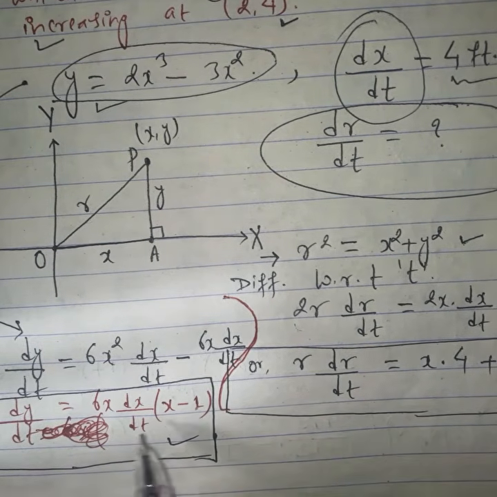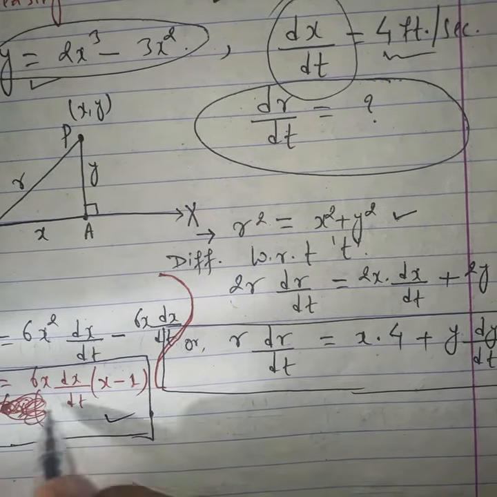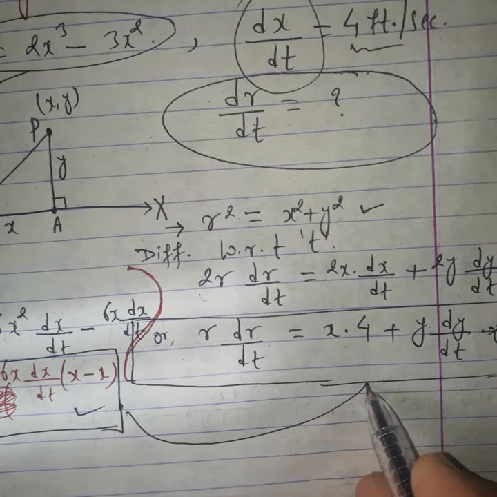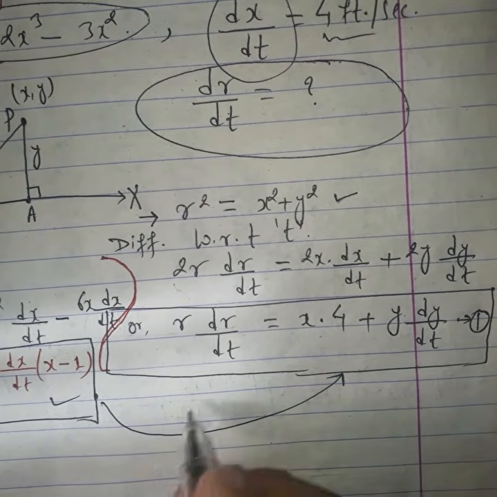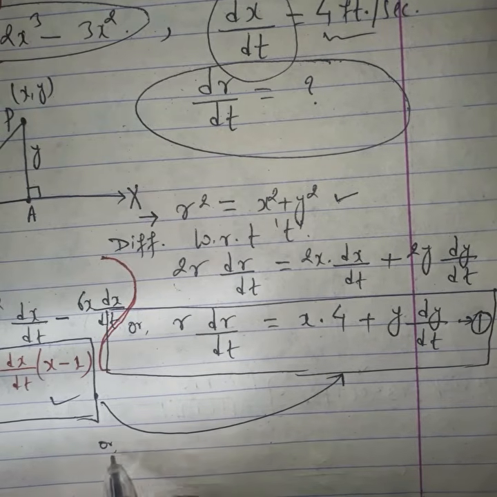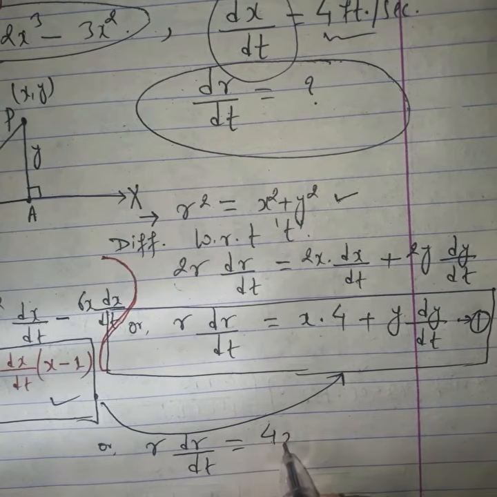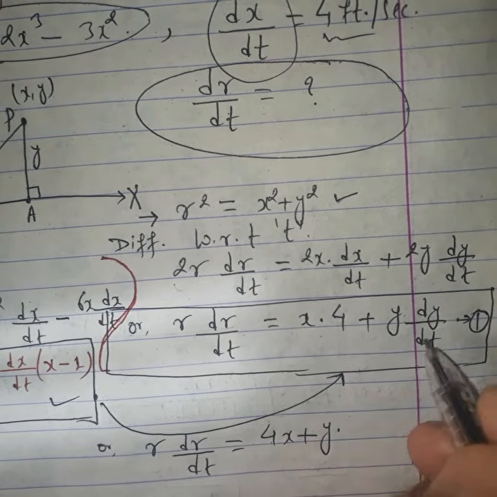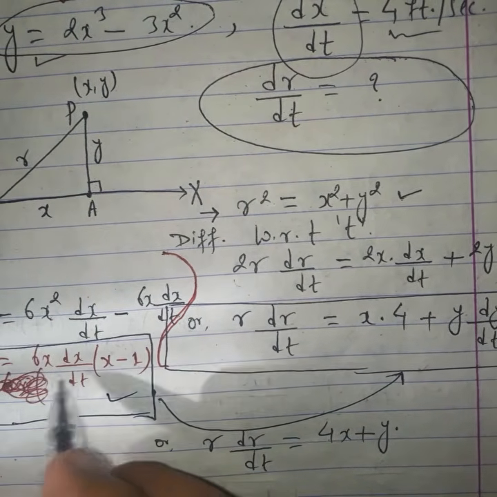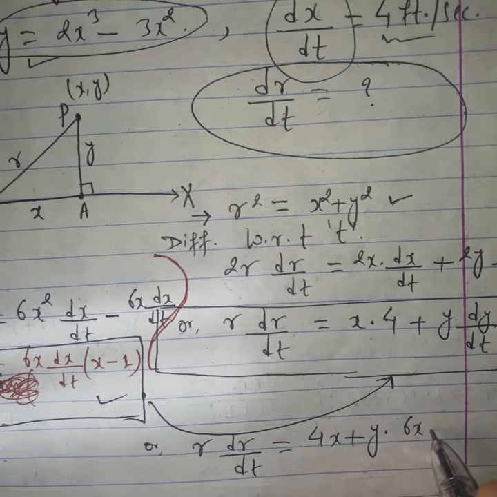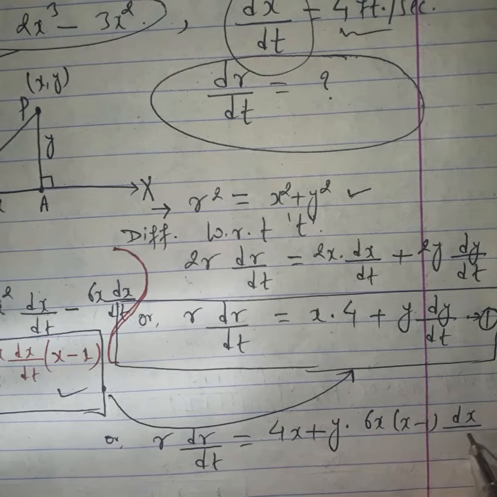Let's substitute this value of dy over dt in the first equation. Our first expression will be r times dr over dt equals 4x plus y times dy over dt. Here the value of dy over dt is 6x, x minus 1, dx over dt.